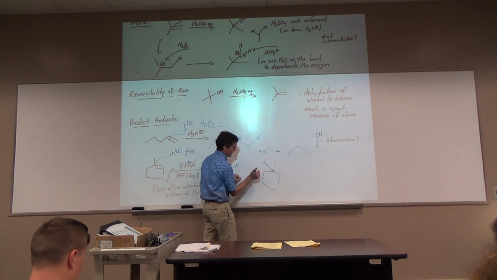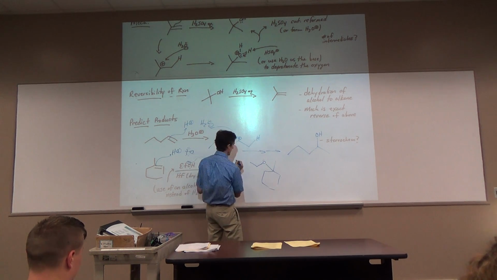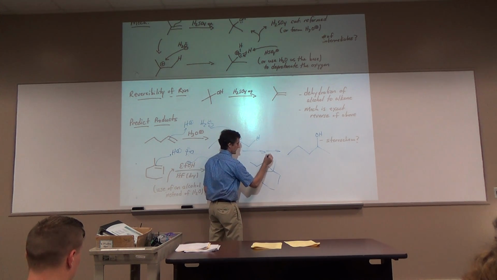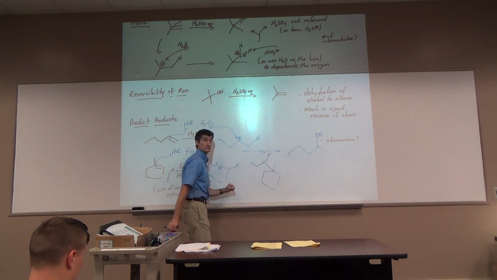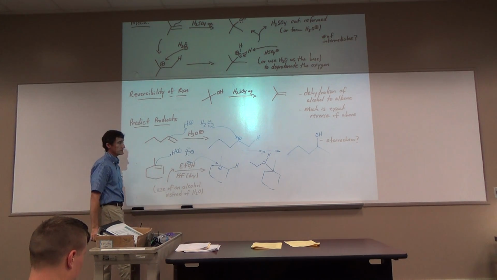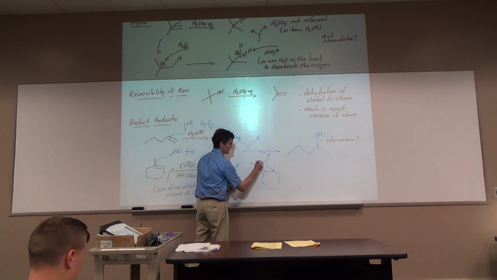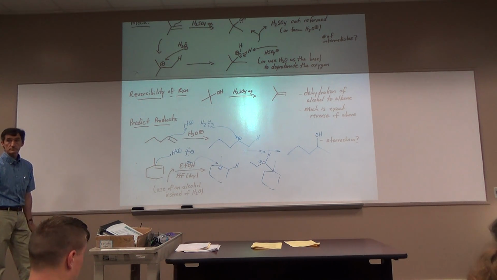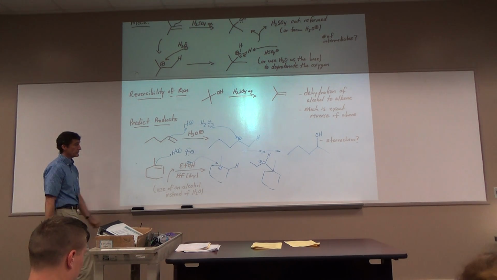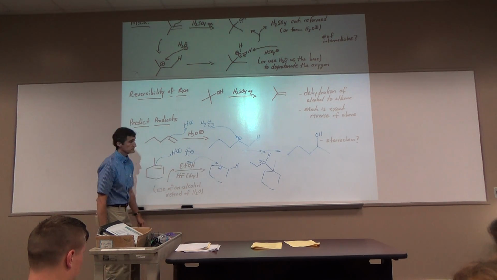One lone pair is now bonded, and there's one lone pair left. What else is left? An ethyl and an H. Because these electrons are now bonded, that's what the arrow means. But there's a charge here because the oxygen is positive, so we need to show that also. This is where the ethanol acted as a nucleophile and added to the cation.